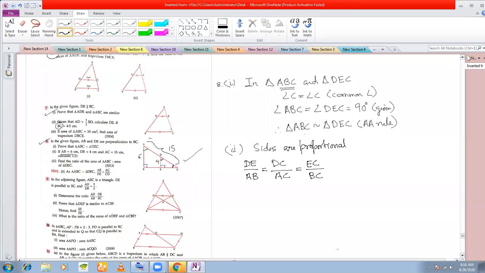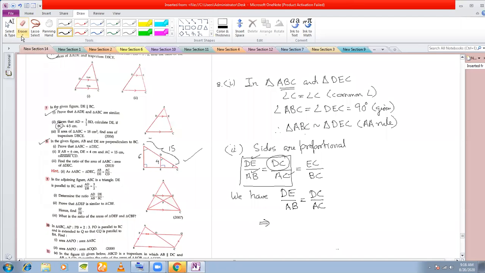So let's see what is given here. DE is given to be 4. AB is given to be 6. And AC is given to be 15. And we need to calculate CD or DC. So we'll consider these two equalities. DE by AB is equal to CD by AC.